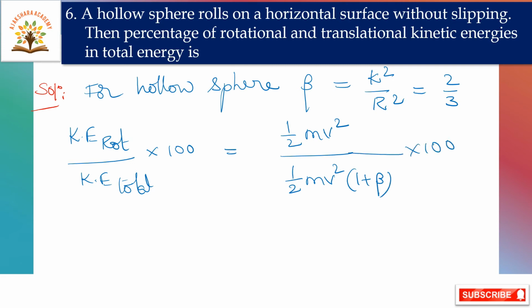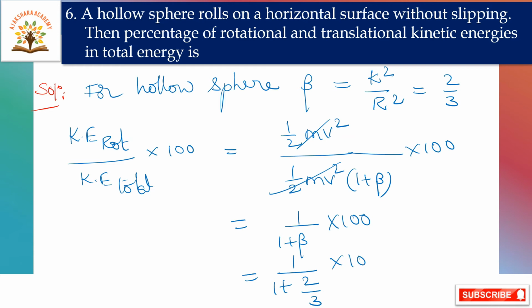Half mv square cancels, so that is 1 by (1 plus beta) into 100, which is 1 by (1 plus 2 by 3) into 100.